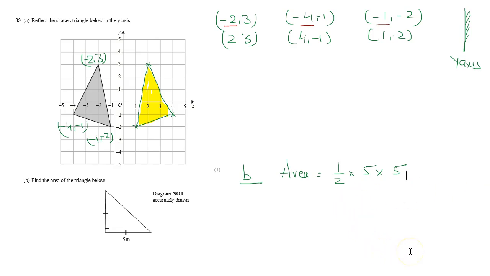So that will be 25 over 2. You can write it as 12.5 meter square.